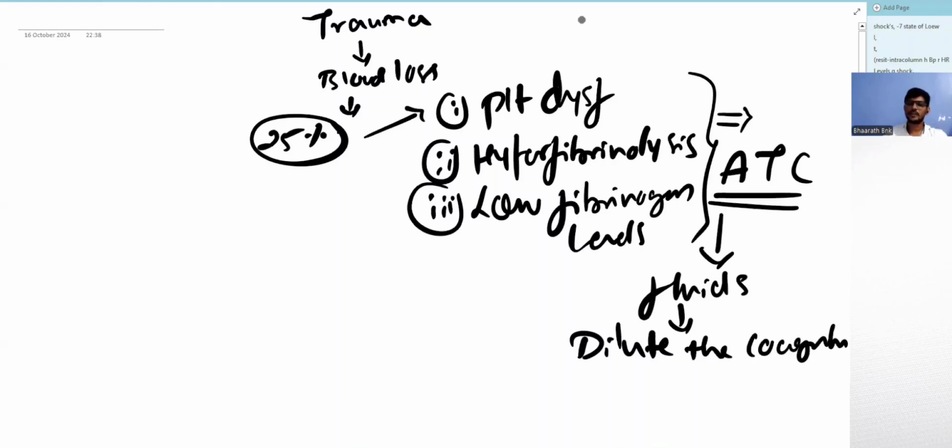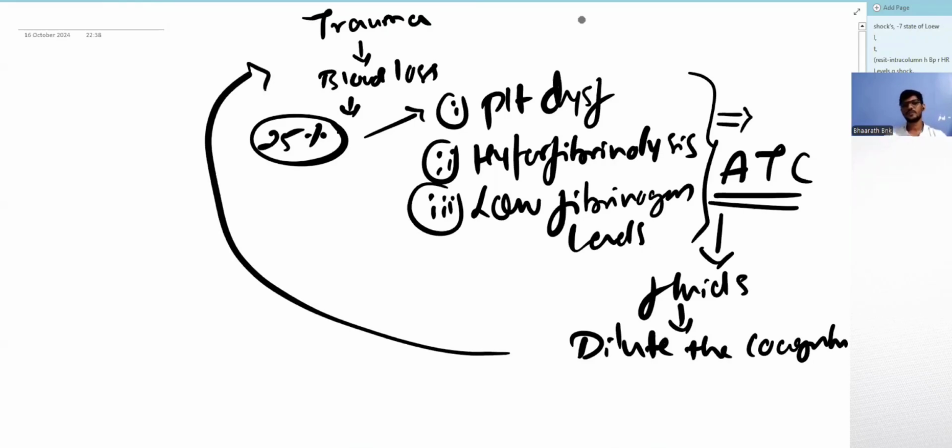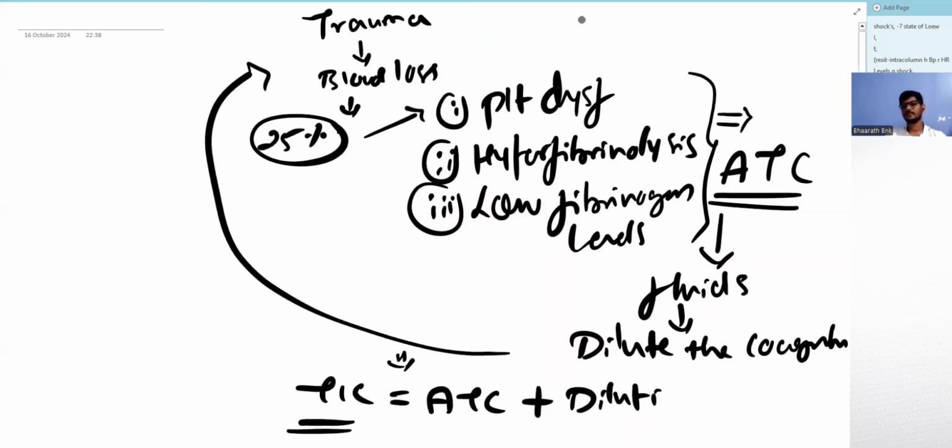Whatever it is, already it is into coagulopathy, but whatever the coagulative factors are there, that gets diluted, and this further adds to the blood loss. So this is called trauma-induced coagulopathy. So trauma-induced coagulopathy is acute traumatic coagulopathy plus dilutional coagulopathy.